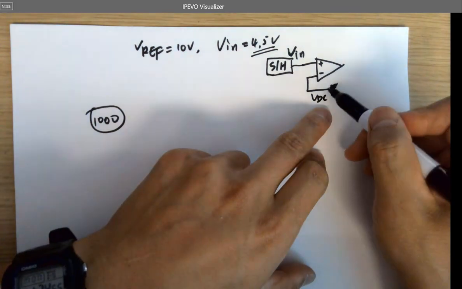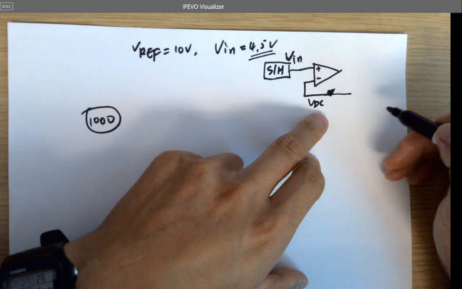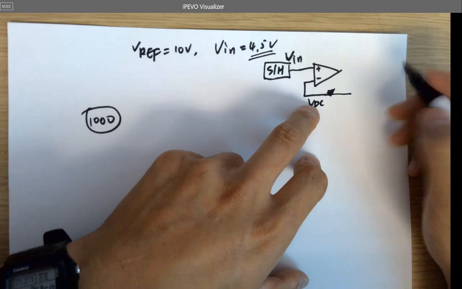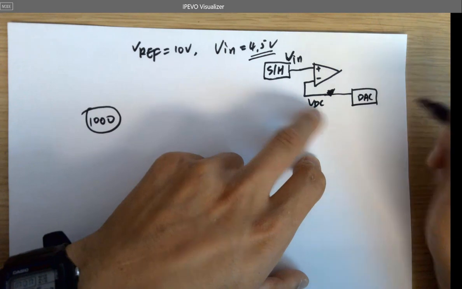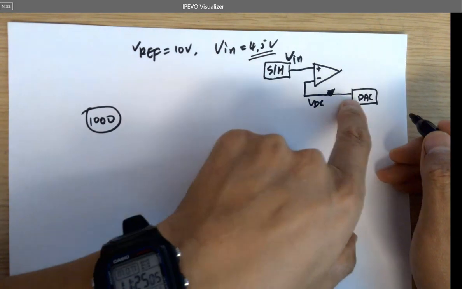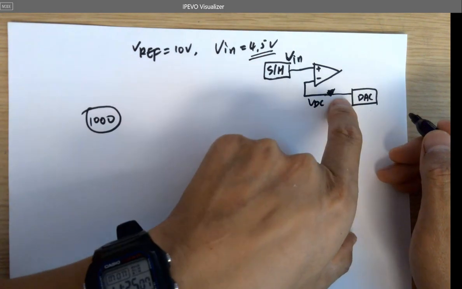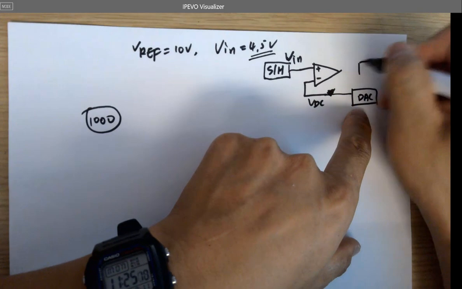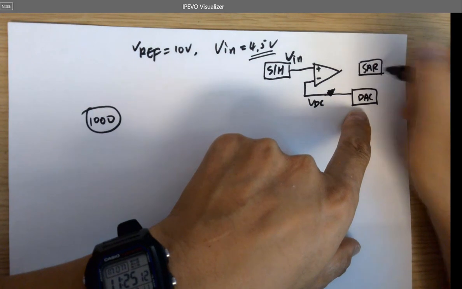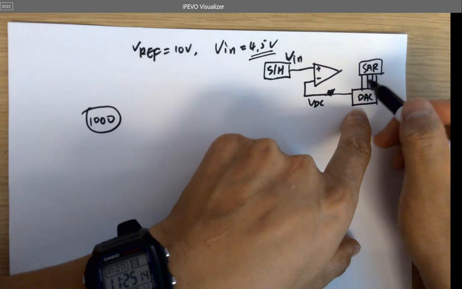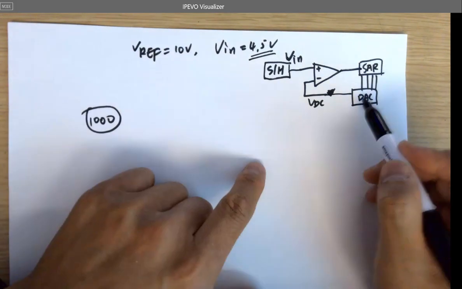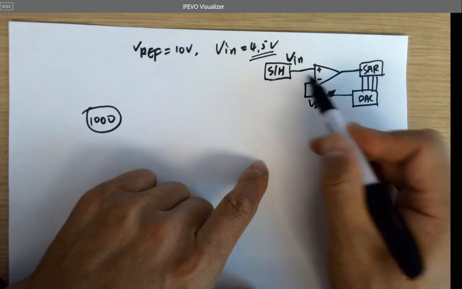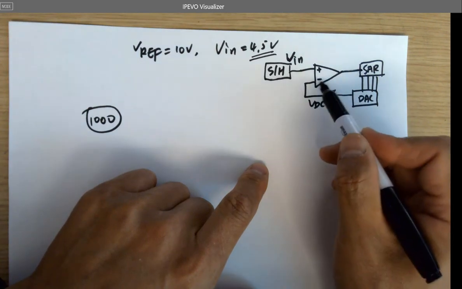So this comes from where? No, that's the DAC's output, right? And you got a SAR here. And the SAR feeds the digital input to the DAC, which generates the analog voltage and is fed into the inverting terminal of the comparator.